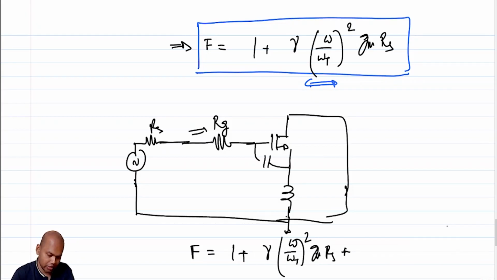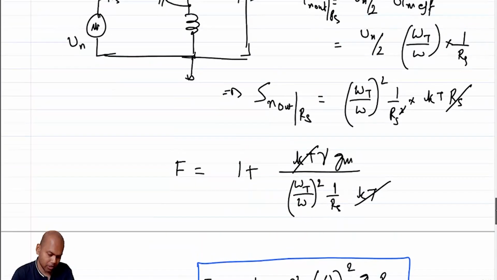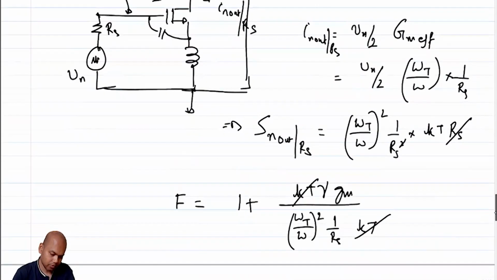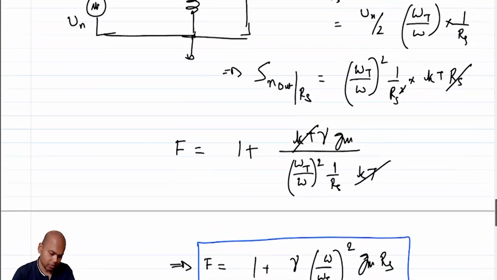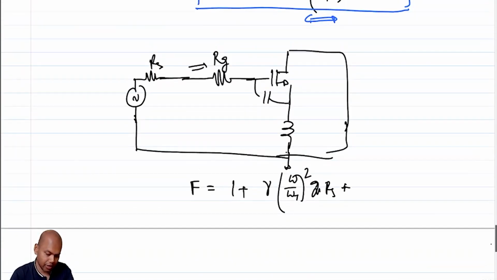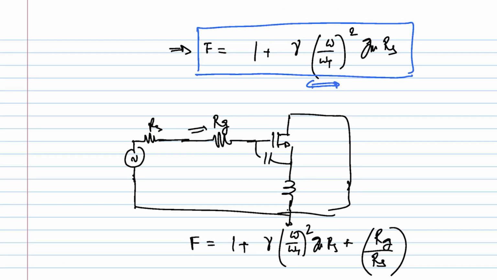The noise due to Rg will be the same expression as the noise due to Rs, just that instead of Rs I will have Rg, and eventually I'm going to divide by this term. So I will end up having an additional term, Rg over Rs, correct?